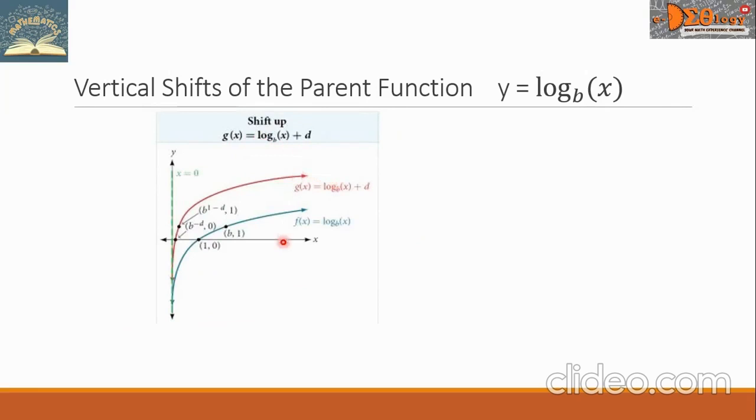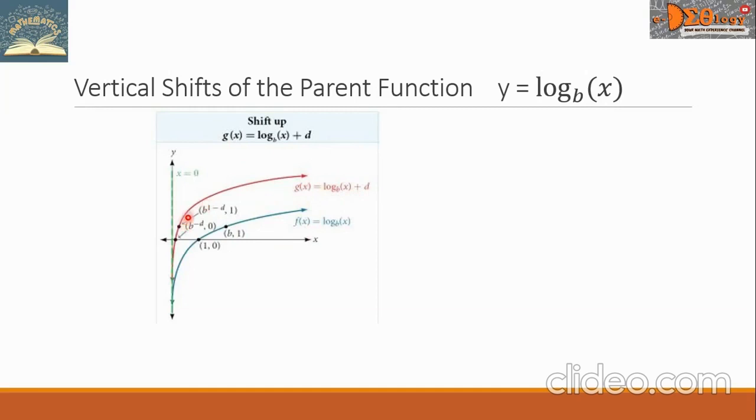Here we see two graphs. This graph in blue is the graph of the parent function f of x equals log of x to base b, while this graph in red is the graph of g of x equals log of x to base b plus d.